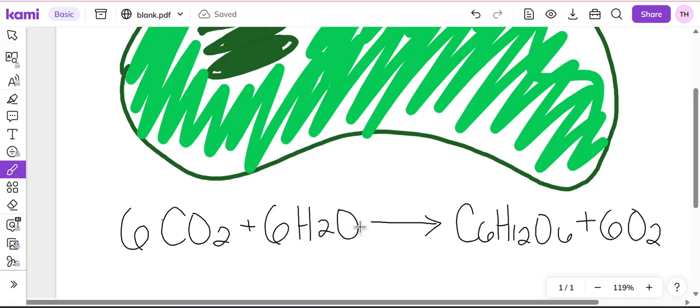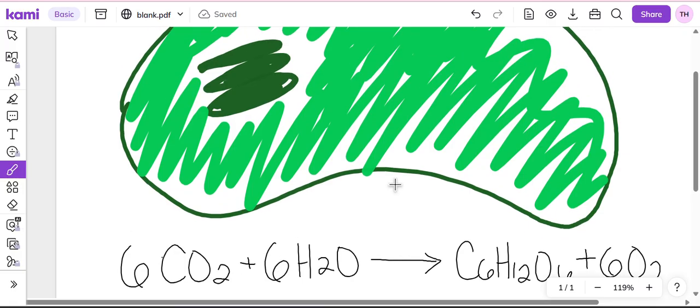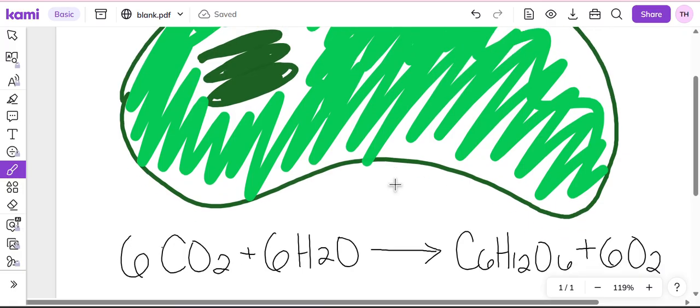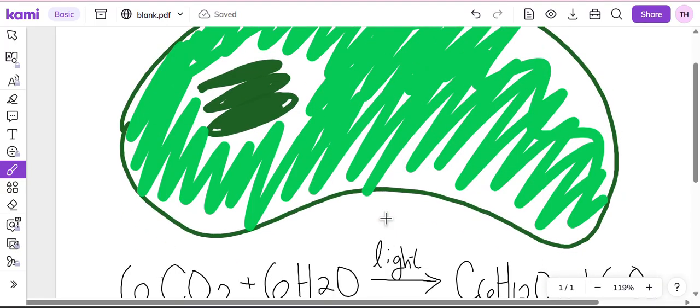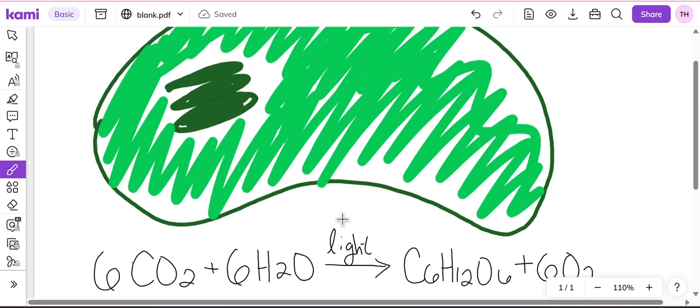We're going to have this in black for right now. As we go through it, we're going to see where all of this stuff is coming from and where it's going. Oh, we also need to include light energy as a catalyst. Okay, so we'll come back down to this and refer back to it as we go through.